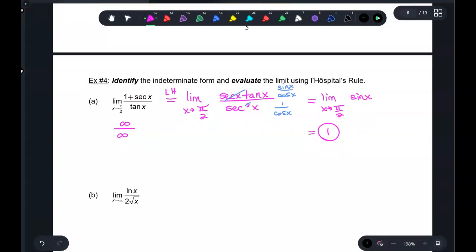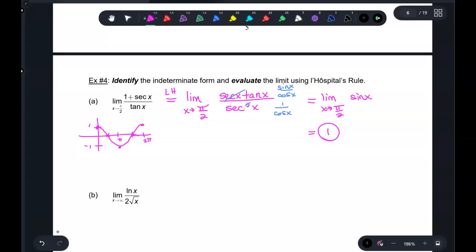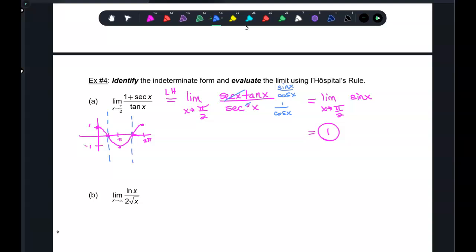Here, if we graph cosine, everywhere that it crosses the x-axis, it's going to go like this, like that. Do you remember that?